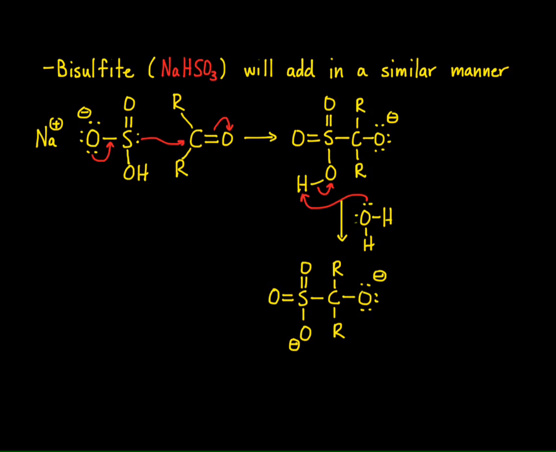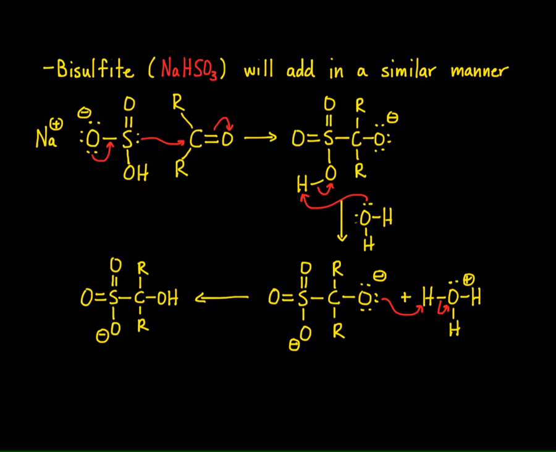And of course, now the alkoxide is going to be protonated by the hydronium ion that we just formed. And so we can protonate the alkoxide, and the result is this. So the carbon now has an OH group, an alcohol coming off of it, and a sulfonate group coming off of it as well.